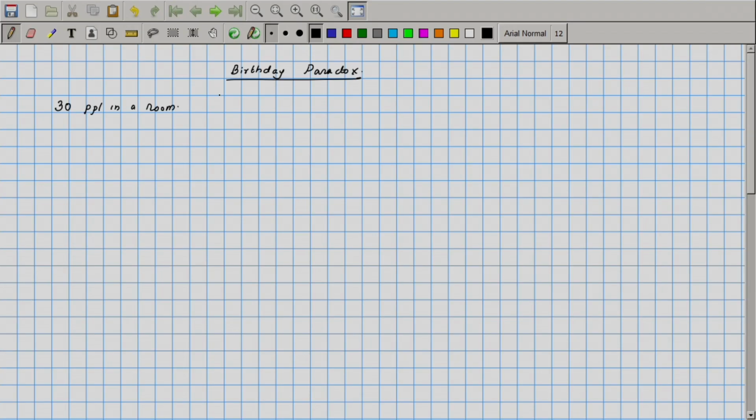In other words, we can ask the following question. We describe 2 events and you have to guess which of these 2 events is more likely. Event A is that 2 people among these 30 share their birthdays.